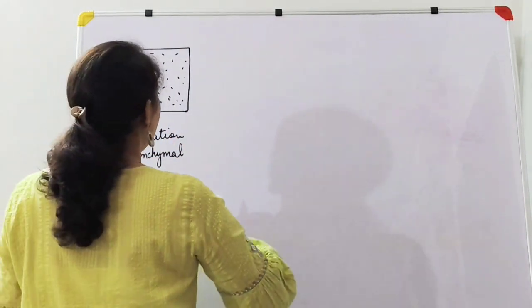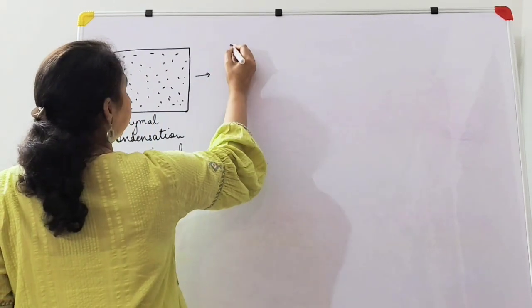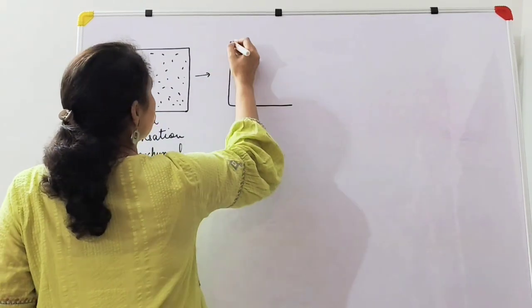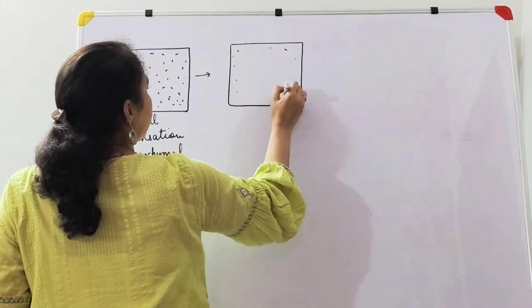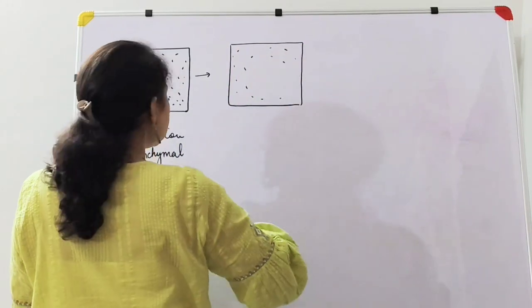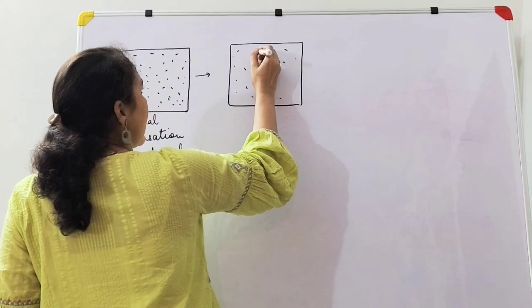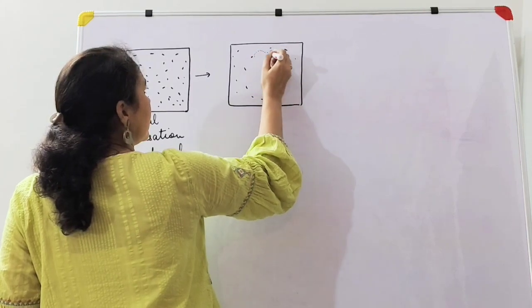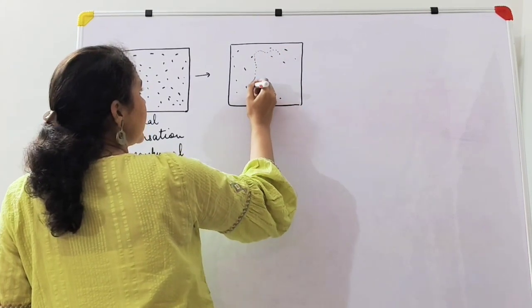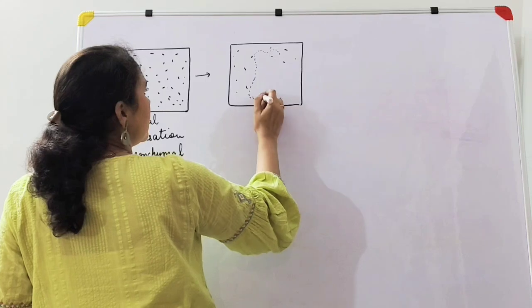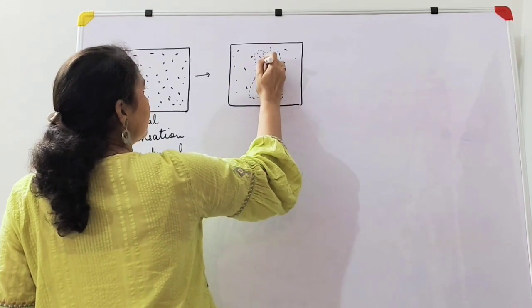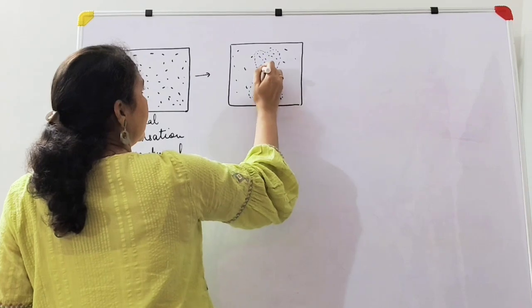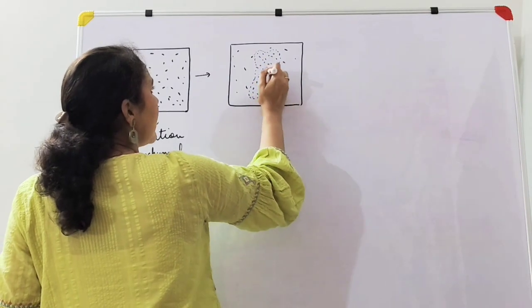So again we have this mesenchymal membrane, right? We have this membrane and the mesenchymal cells. A few cells have differentiated into chondroblasts and they have laid down the cartilage.